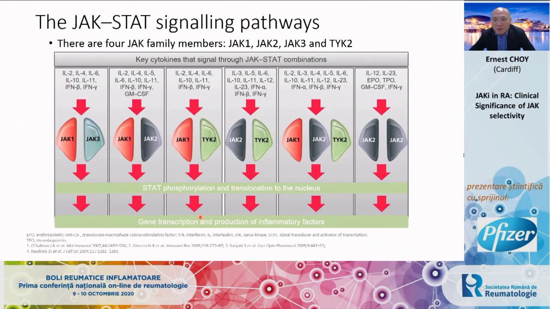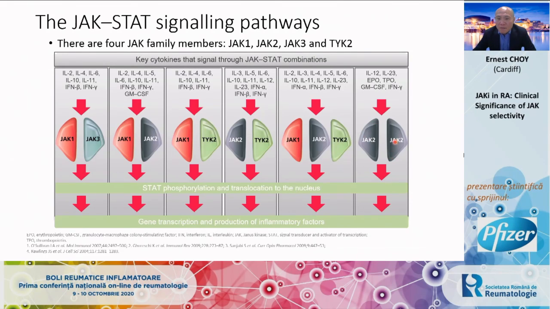You will notice too that in fact there is an exception to the rule of JAK isoform heterodimer signal transduction, which is on the right-hand side of this slide. So you can see that the haemopoietic cytokines IL-12, 23, erythropoietin, GM-CSF, and thrombopoietin use JAK2 homodimers to cause signal transduction.